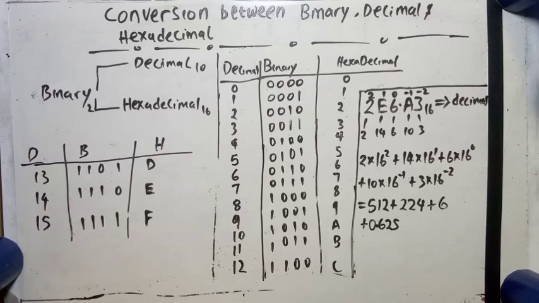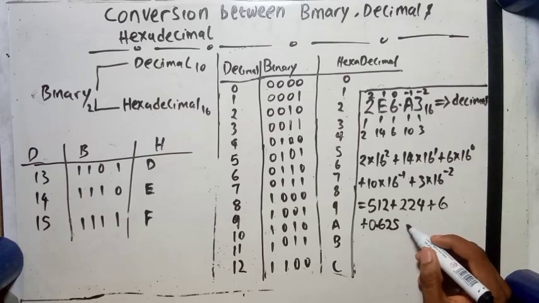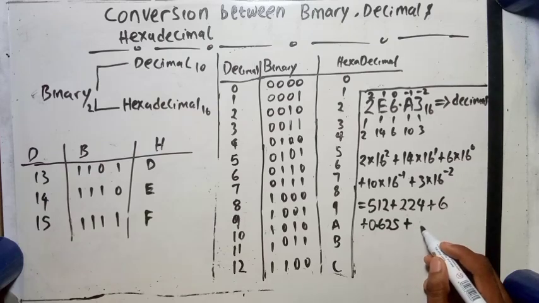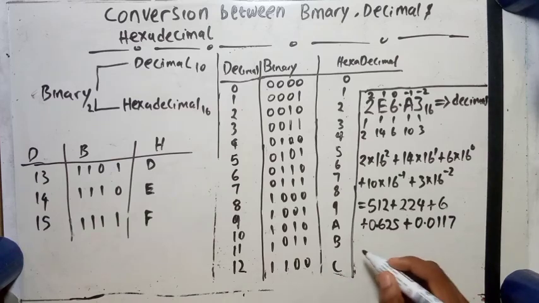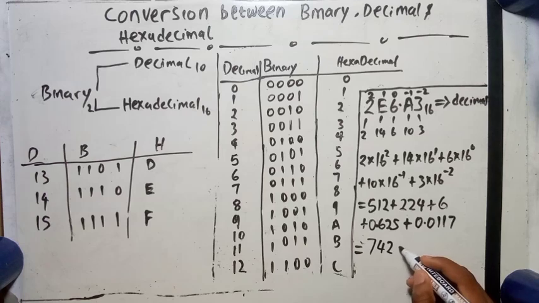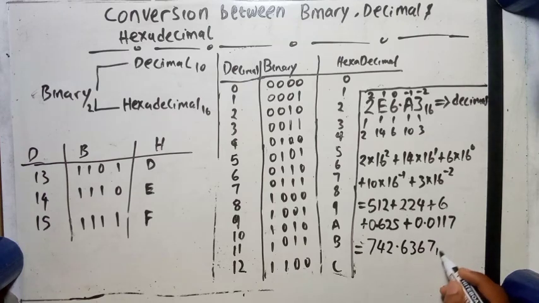We have 3 times 16 raised to power minus 2, and we have our answer as a huge decimal number, but we're going to be approximating to, let's say, 4 decimal places: 0.0117. So if we add this up, we have our final answer to be 742.6367 in base 10.